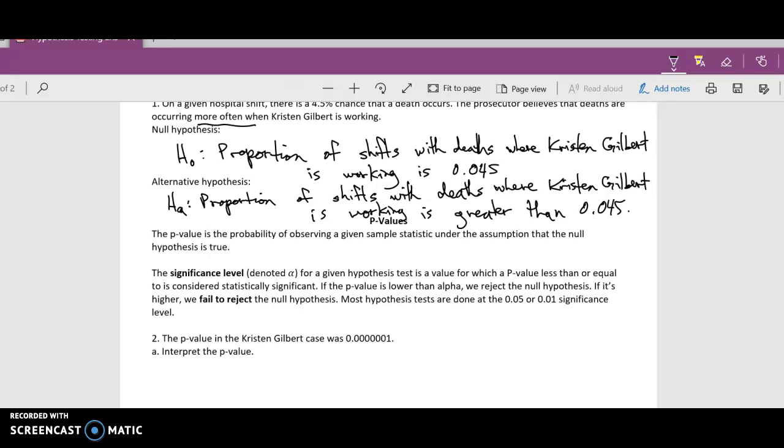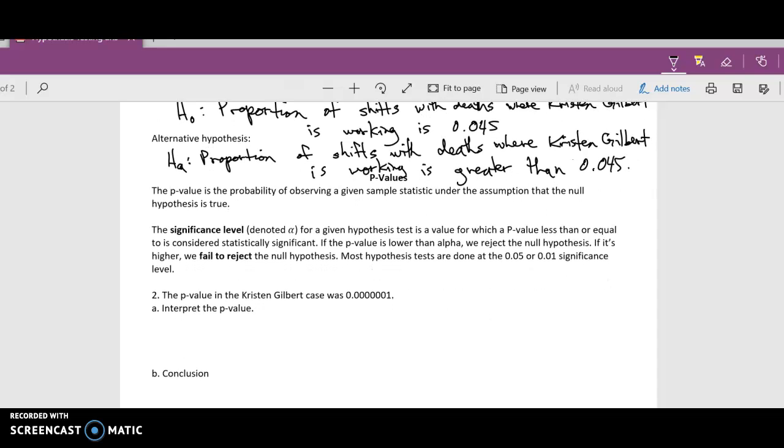If the p-value is lower than alpha, we reject the null hypothesis. If it's higher, then we fail to reject the null hypothesis. Most hypothesis tests are done with a 0.05 or a 0.01 significance level. So it's sort of like the complement of a 95 or a 99 confidence level. So the p-value in the Kristen Gilbert case was 0.0000, lots of zeros, one, little bitty.